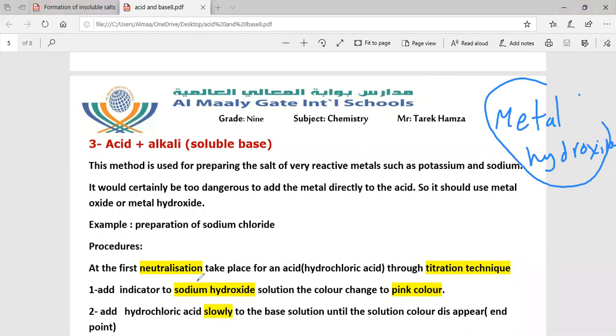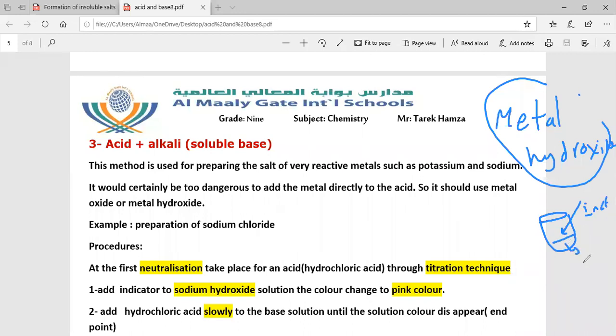How? Listen to me carefully. At first, put a metal hydroxide, for example sodium hydroxide, in a beaker, then add indicator.